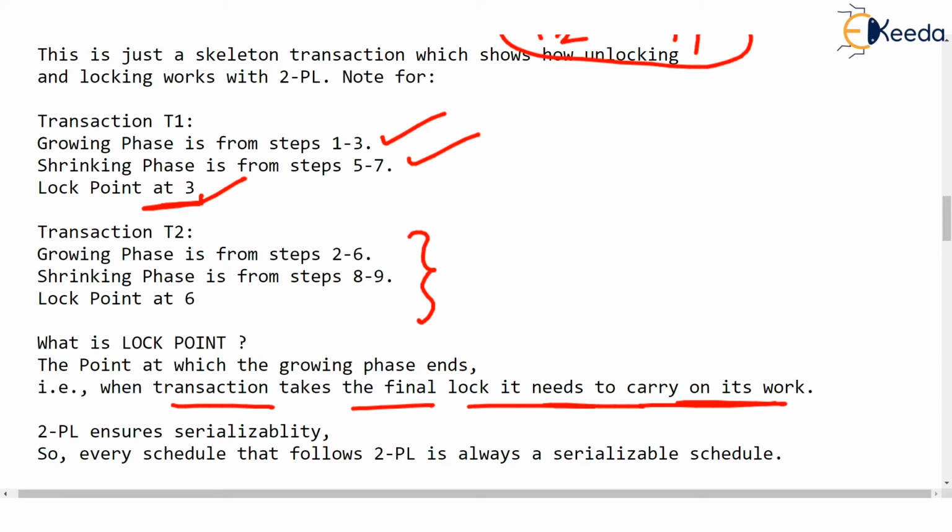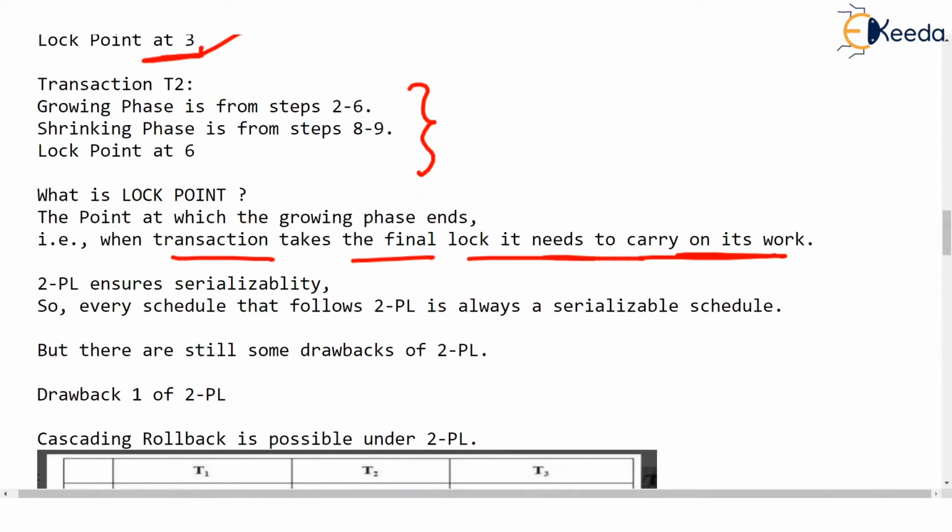Very interesting fact is, just don't remember this fact, that two-phase locking protocol ensures serializability. What that means is, if you have all the transactions in a given schedule following two-phase protocol, check my words, every transaction in the given schedule is obeying two-phase locking protocol, then that complete schedule is serializable.